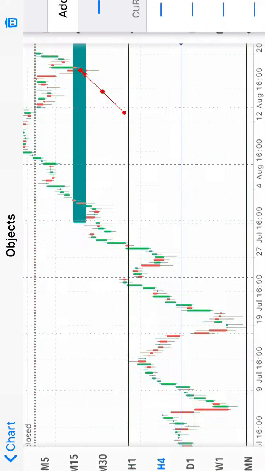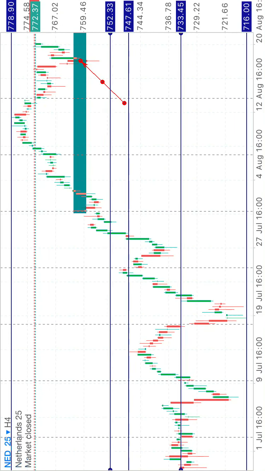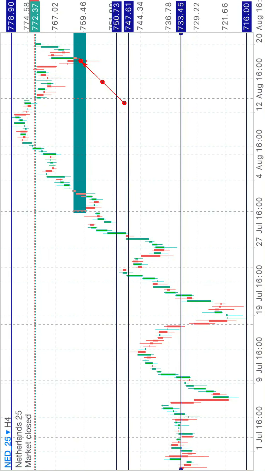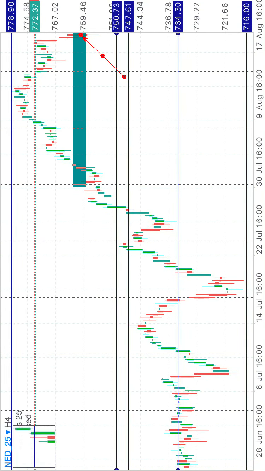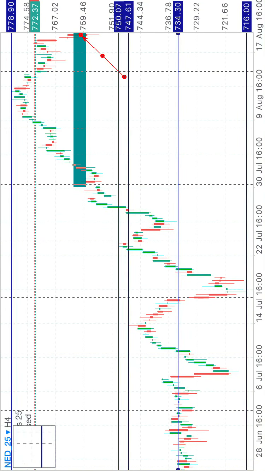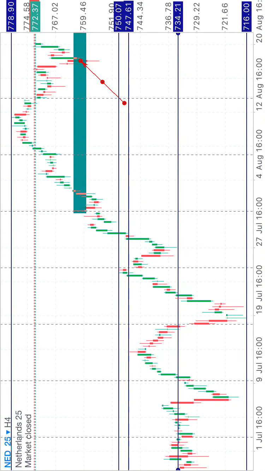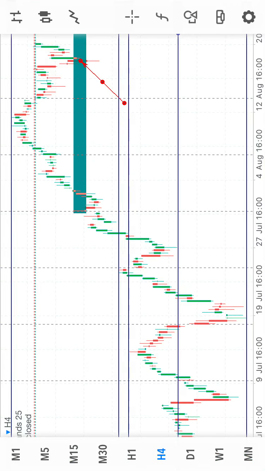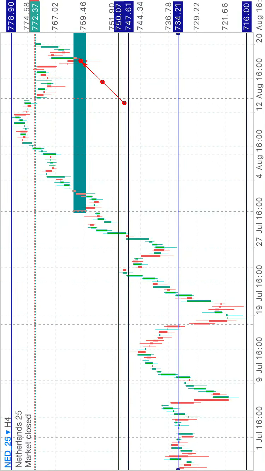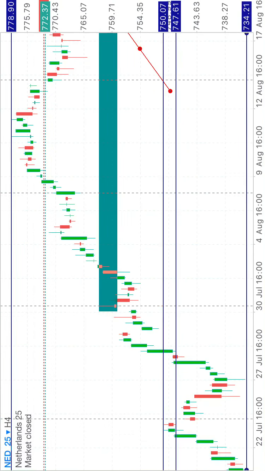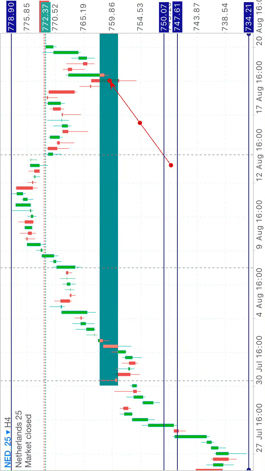And also on H4, I'll be identifying all my obvious support and resistance.